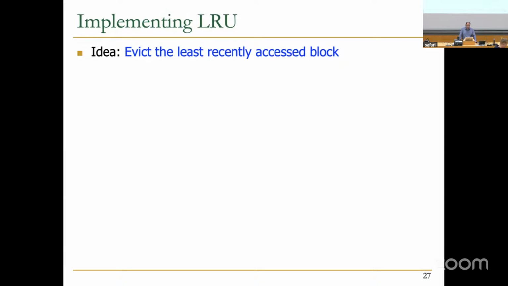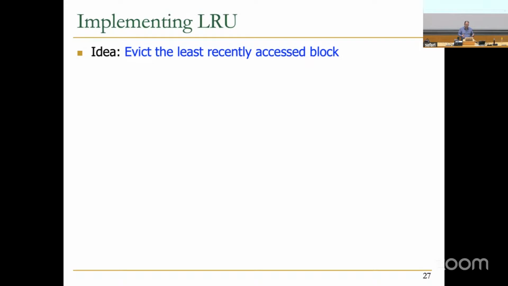Okay, so we discussed LRU, which is least recently used, and now we want to see how we can implement it. The idea for LRU is that we want to evict the least recently accessed block, which is based on the fact that we are benefiting from temporal locality, and we want to evict the block which can hurt temporal locality less.